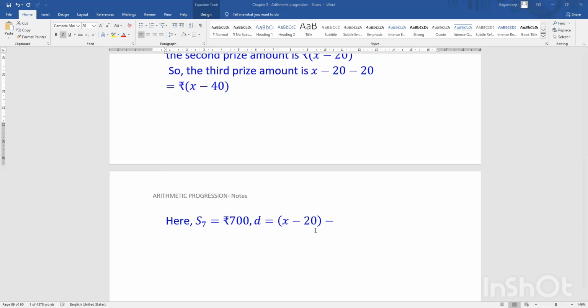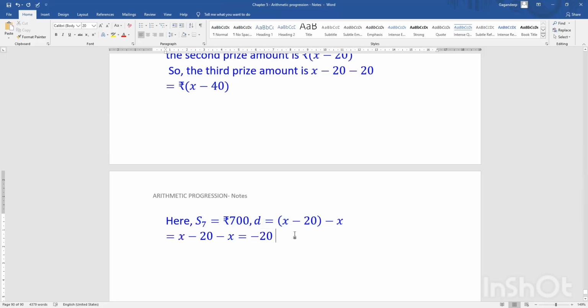So minus x means x minus 20 minus x, because x and x get cancelled, which is nothing but minus 20. Okay.